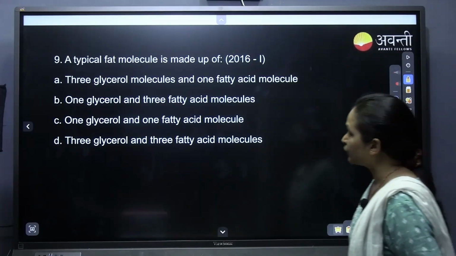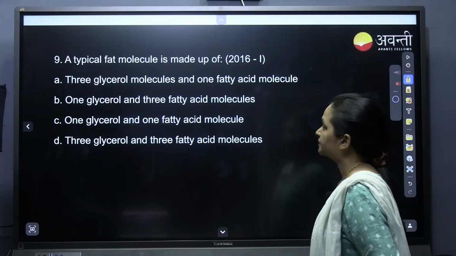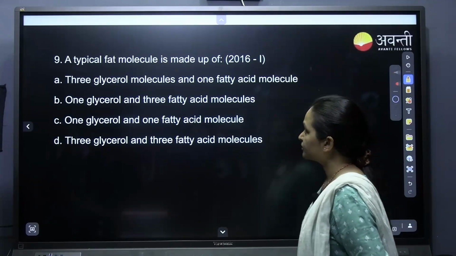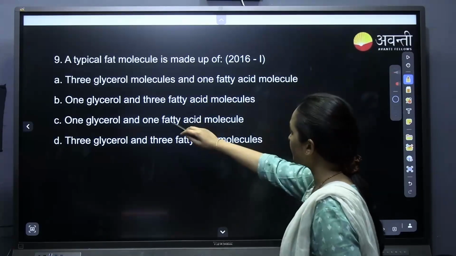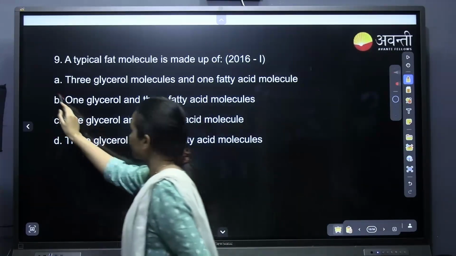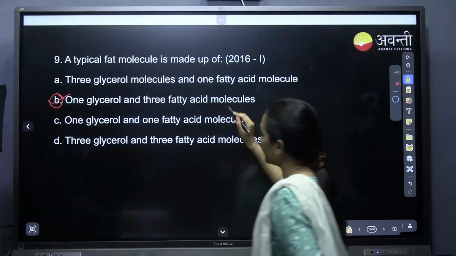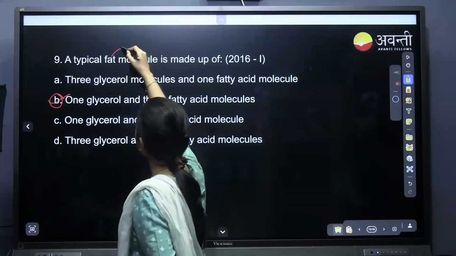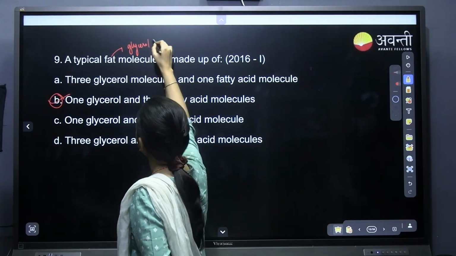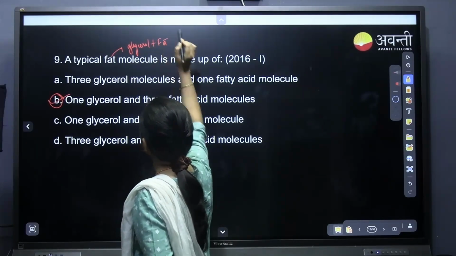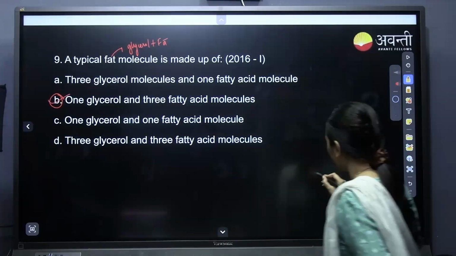A typical fat molecule is made up of 3 glycerol molecules and 1 fatty acid molecule. No, 1 glycerol and 3 fatty acids, yes. So we know, right, what is actually fat? Fat is actually glycerol plus fatty acid. What is glycerol?